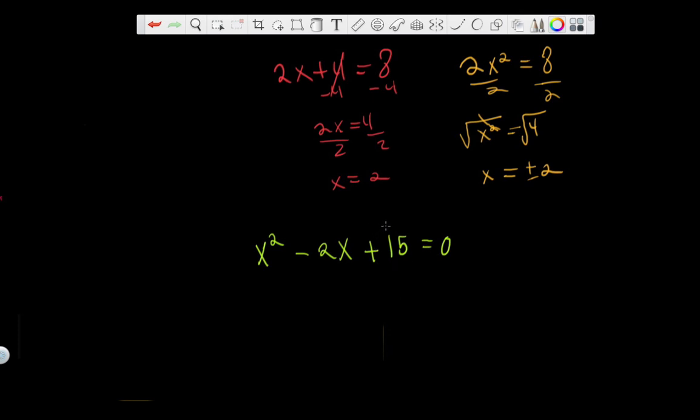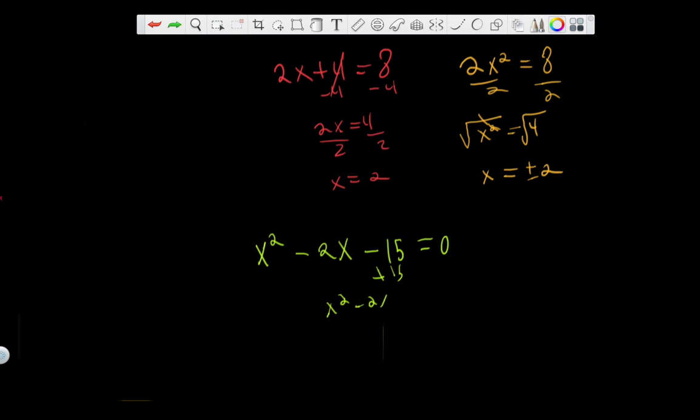We'll say minus 15 actually. So to solve this, we now cannot just directly solve for x, right? If we add 15 to both sides, we're left with x squared minus 2x is equal to 15, and we still can't get x alone.